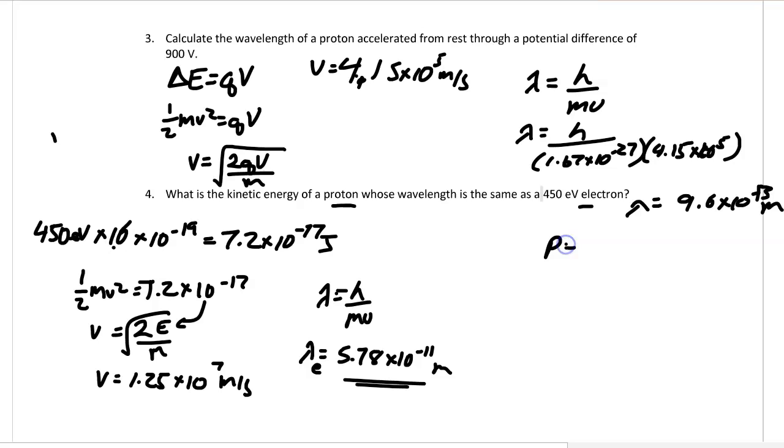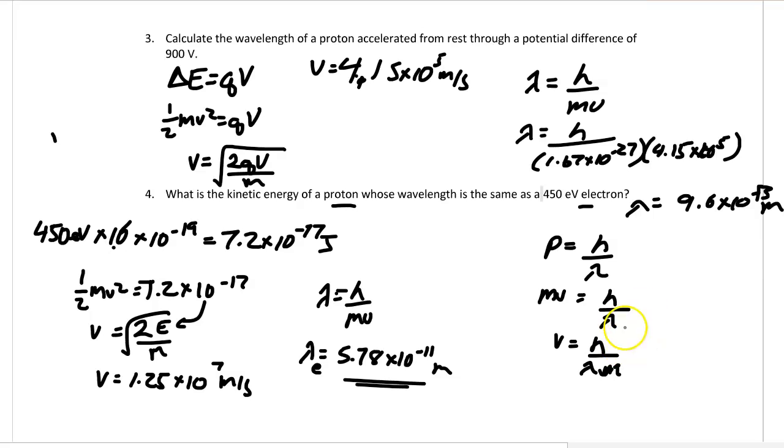So when we come back to this formula for the proton, v is equal to h over wavelength times mass.